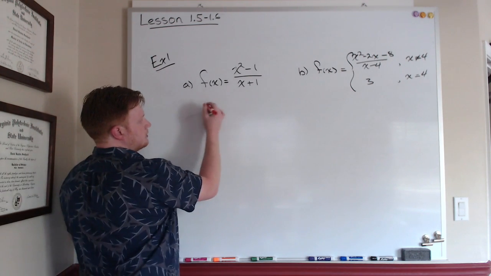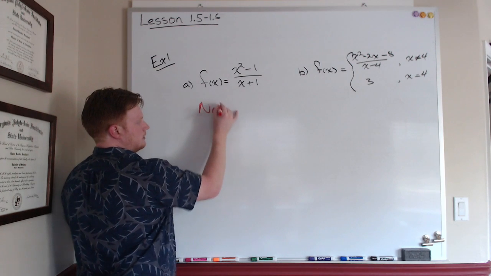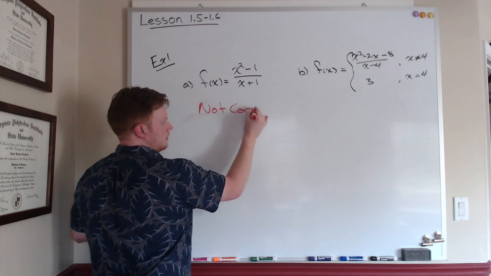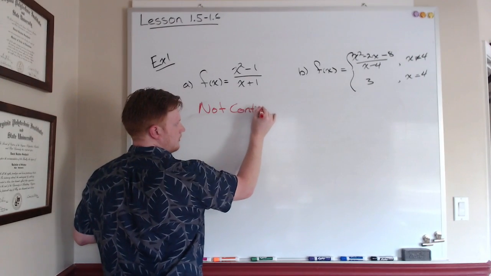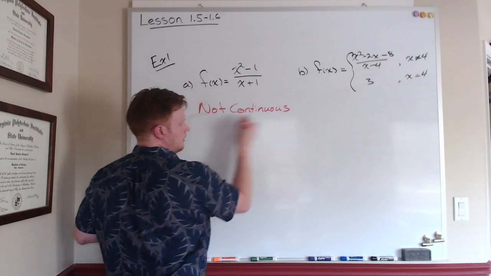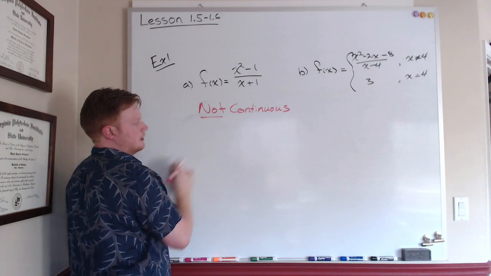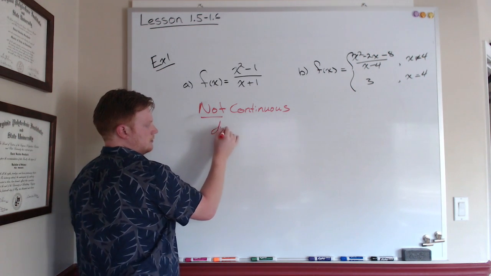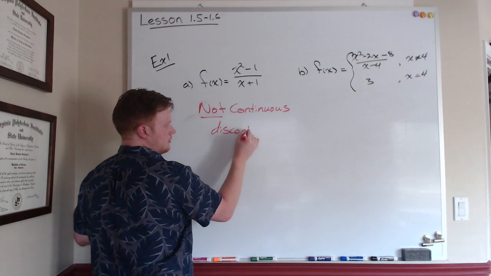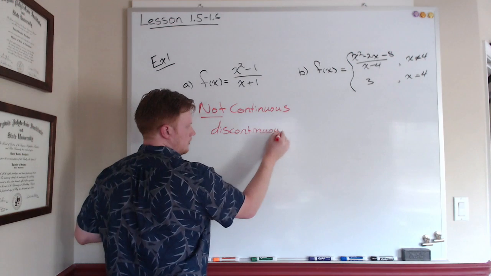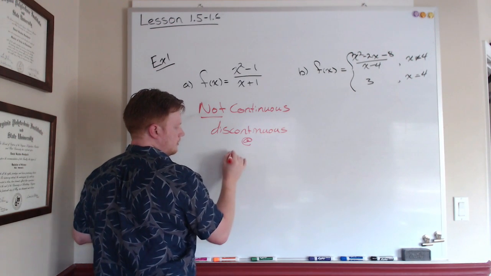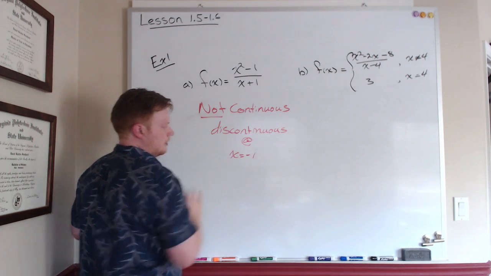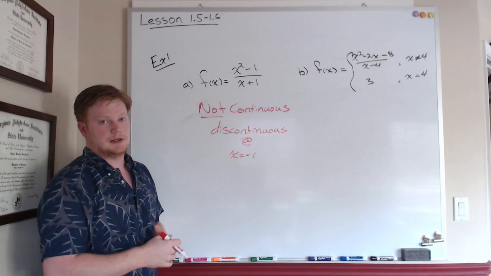So it's safe to assume that this function is not continuous, and its point of discontinuity is because that's what makes the denominator 0.